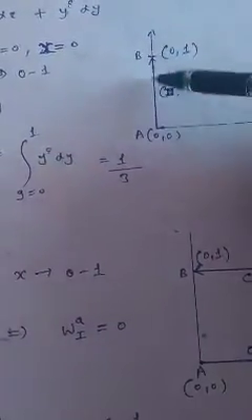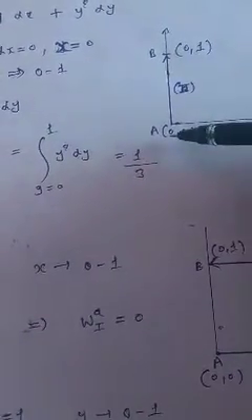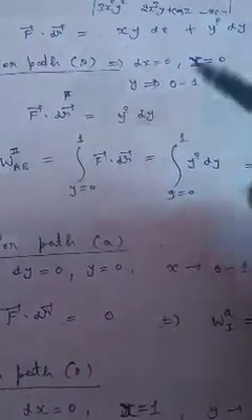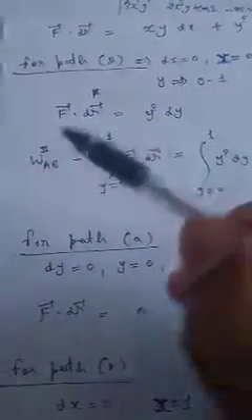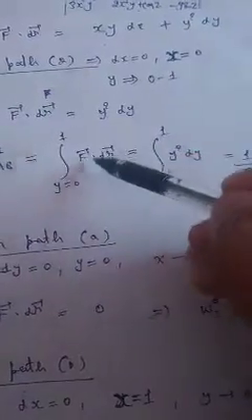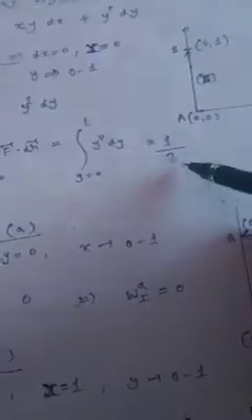What about x? x is constant, so what is the change dx? dx will be 0. And what is the value of x for this path? x is 0. So dx will be 0, x is 0, and y is going from 0 to 1. So if you put it here, what is F dot dr? y square dy. Now how will you calculate the work done? You have to integrate F dot dr with y going from 0 to 1. So that will become the integral of y square dy, and that is equal to 1 by 3.